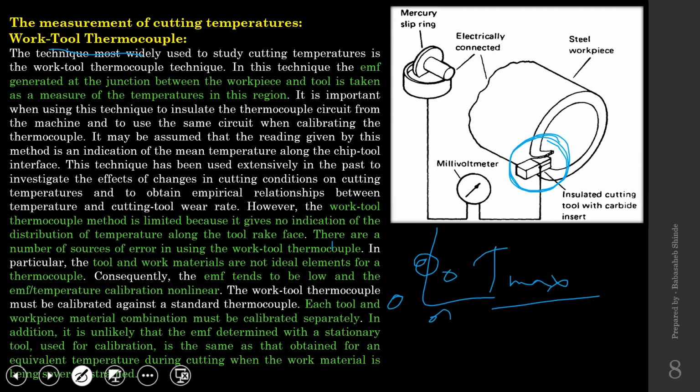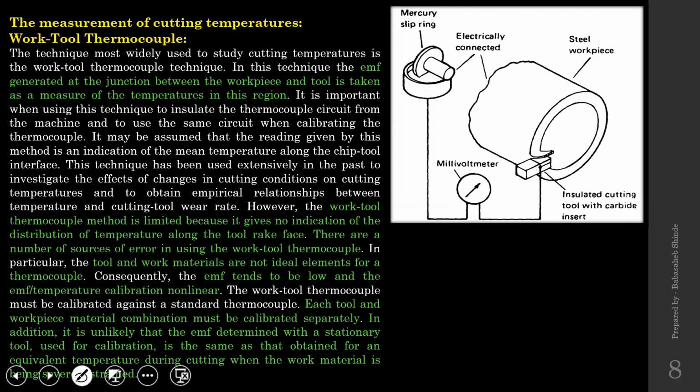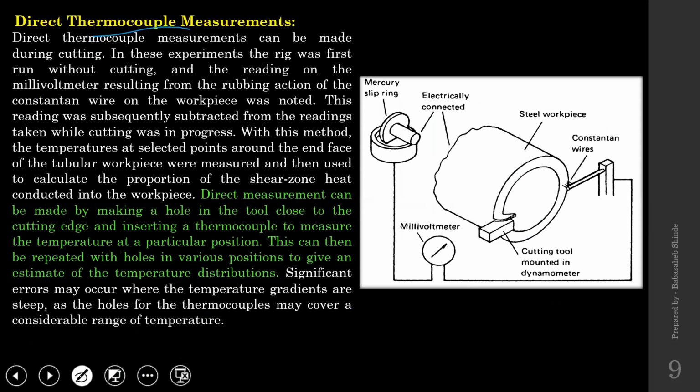Or what is the nature of the temperature distribution, you will never come to know. Because we have connected one wire to the workpiece and one wire to the cutting tool. So you will get the value of maximum temperature in the metal cutting job. But when you want that temperature distribution, you need to go for this direct thermocouple system.